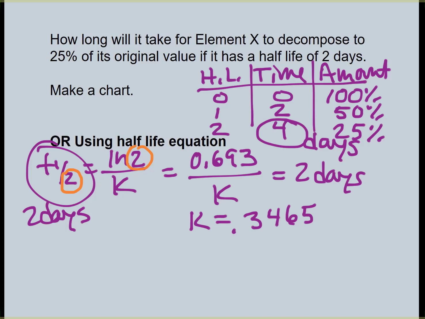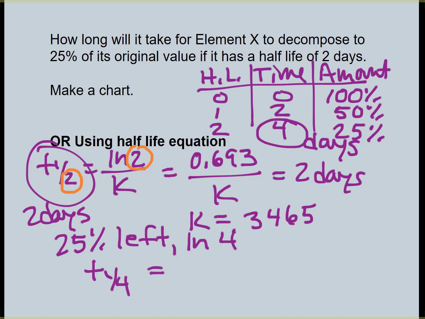And it says 25% is left. So that means I take the natural log of 4. So I have t to the 1/4 is equal to the natural log of 4 over the k. And I know what the k is. The k is 0.3465.